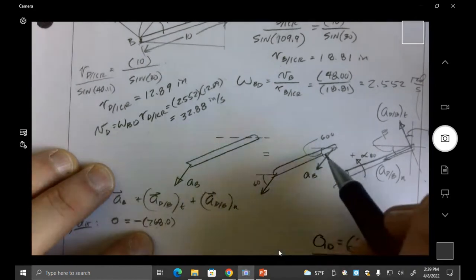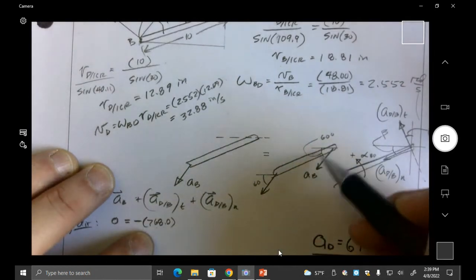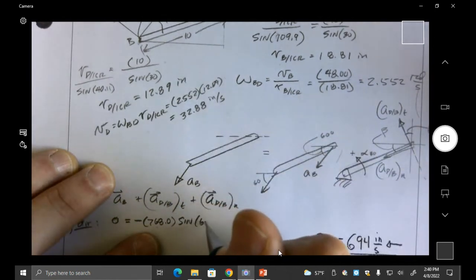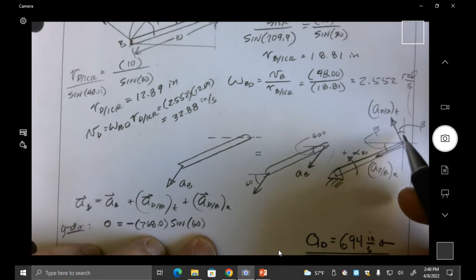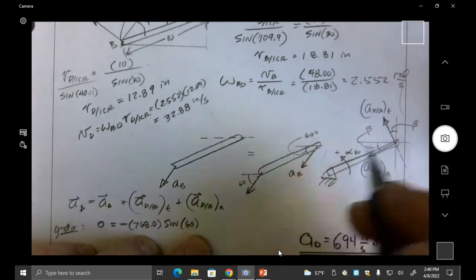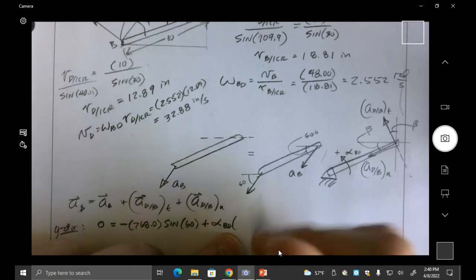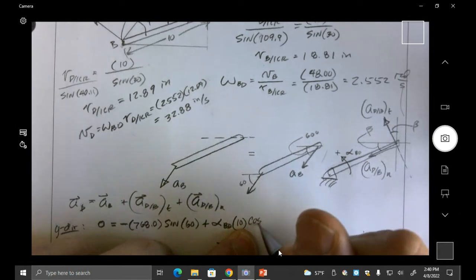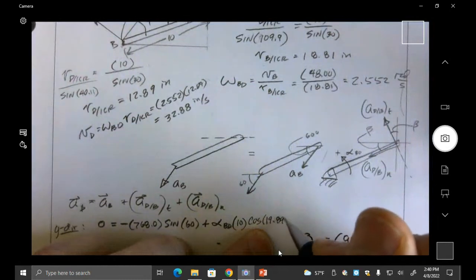But anyway, let's see. Right here, fortunately, it is downwards, so it is still negative. I've just written it for right there. We have to make sure that's going to be the sine of 60 degrees. And then here I've assumed it's going to be upwards for the tangential, so it's going to be plus alpha BD times the length, which is 10 inches, times the cosine of 19.89.